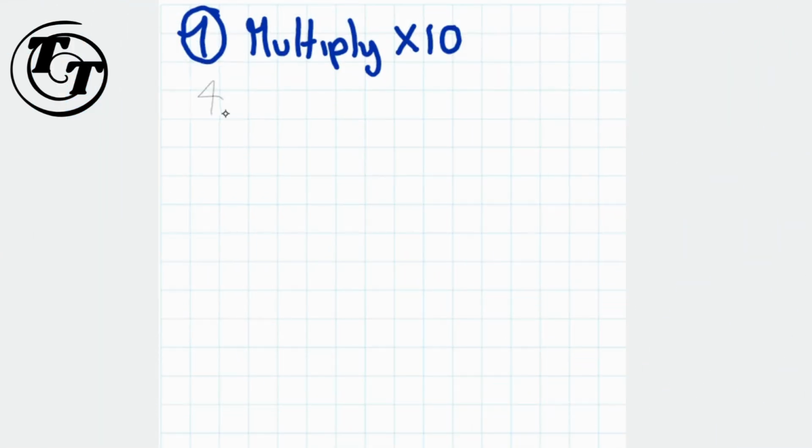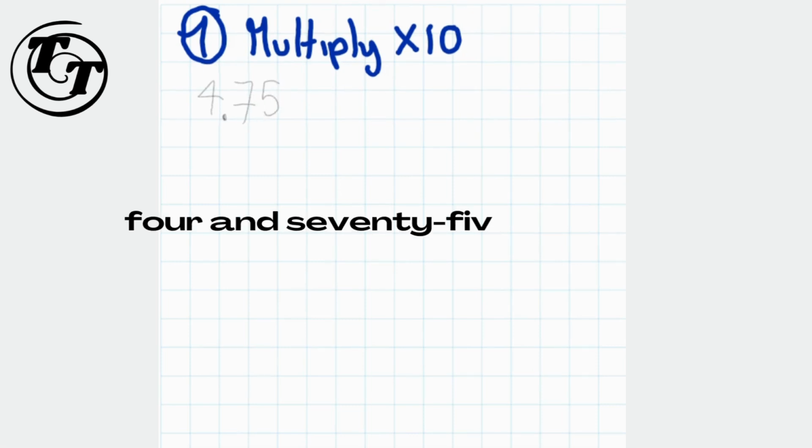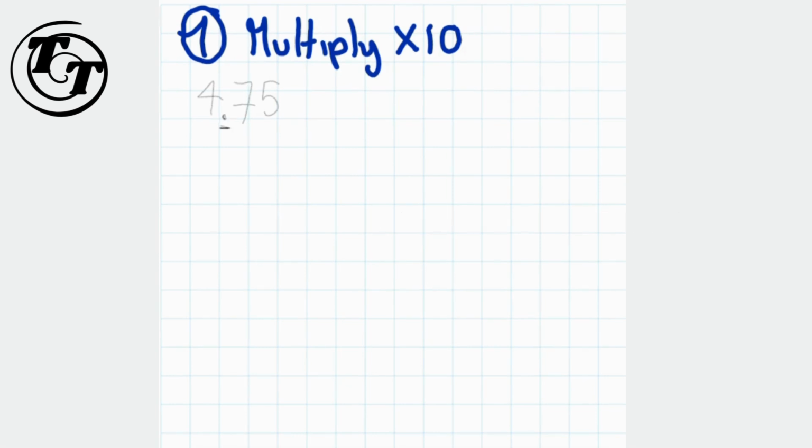Let's take this number, 4 and 75 hundredths. Remember the point? You name the "and." To multiply by 10, we move to the right, which means that the decimal point is going to jump to the right.